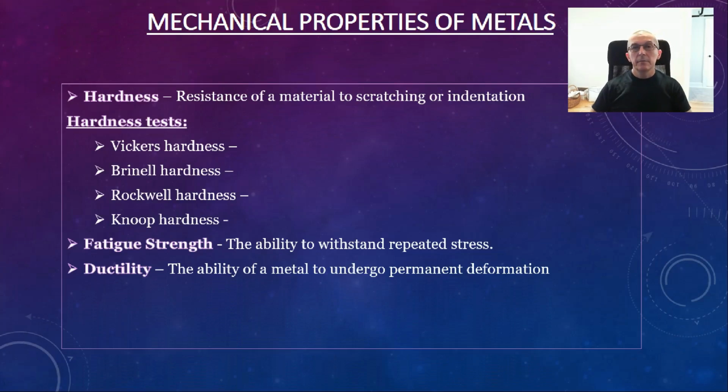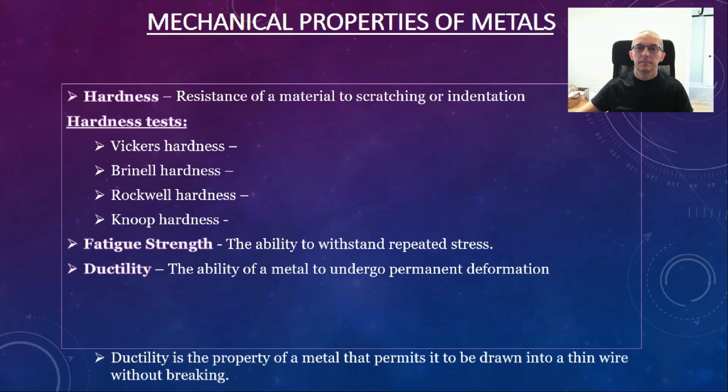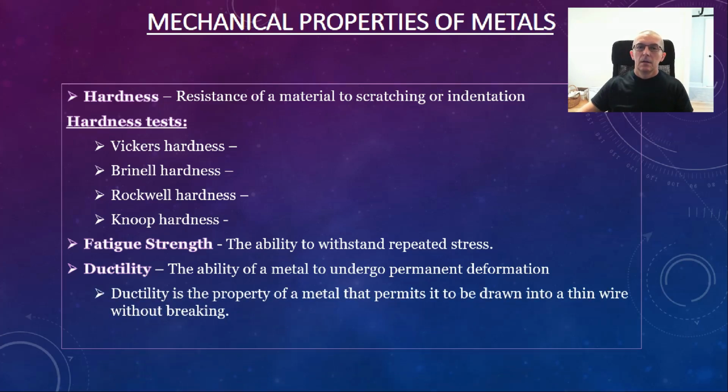Ductility is the ability of the metal to be pulled apart and then made into like a wire. This kind of stress is a tensile stress, meaning pulling apart. So ductility is the property of a metal that permits it to be drawn into thin wire.